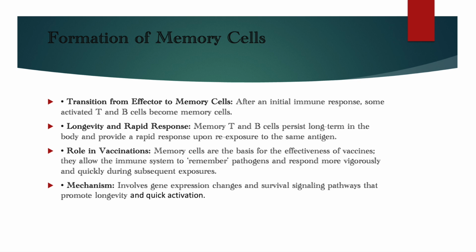Memory cells are a testament to the adaptive immune system's capability to not only fight the current infection, but to anticipate future threats. These cells linger in the body, sometimes for the lifetime of the individual, ready to spring into action much faster than the original effector cells if the same antigen reappears.